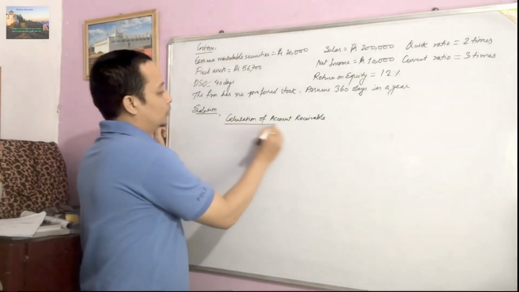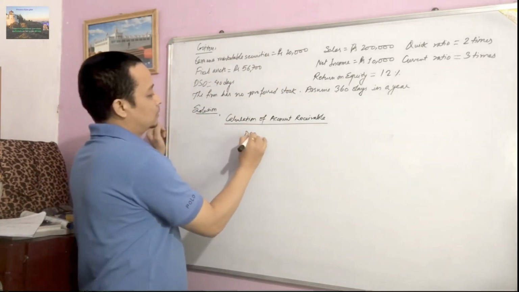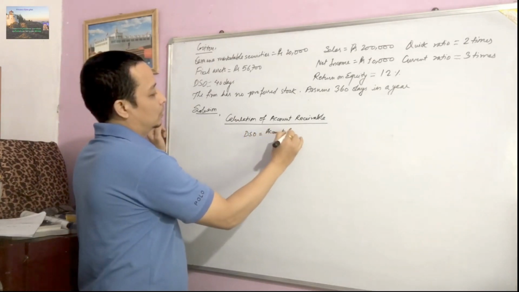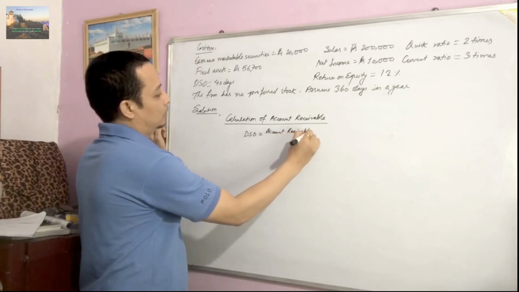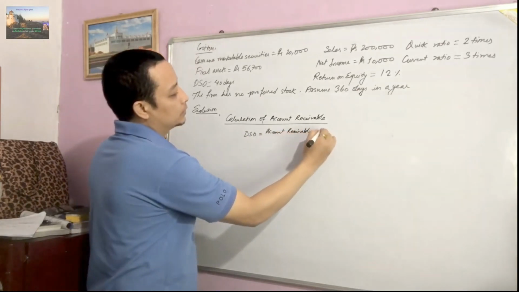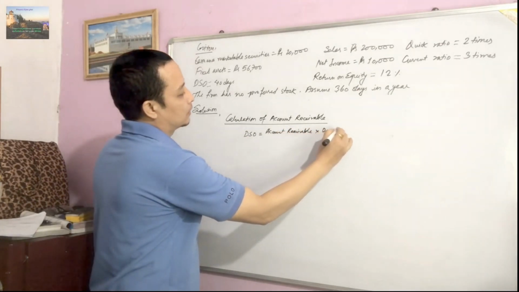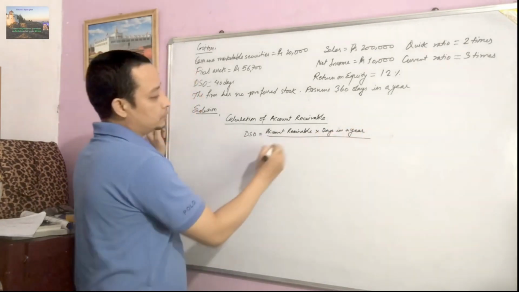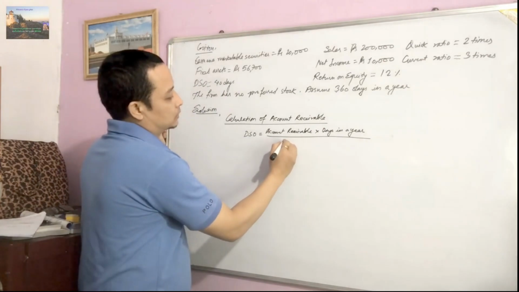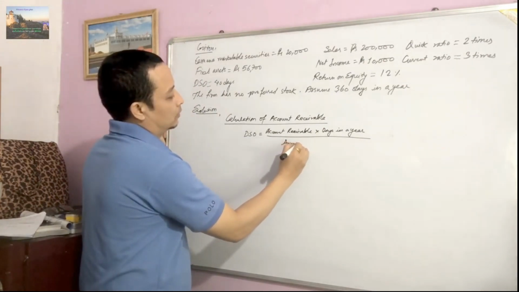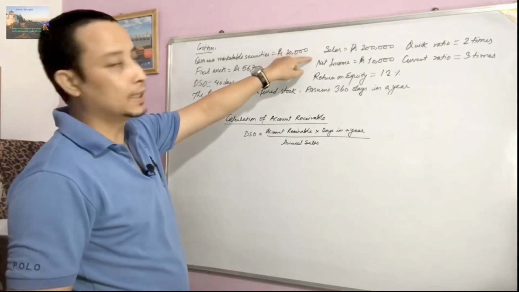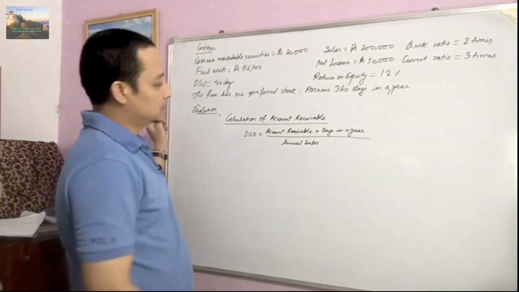So now using the formula, days sales outstanding equal to account receivable into days in a year divided by annual sales. So here sales is considered as annual credit sales, so annual sales is here.